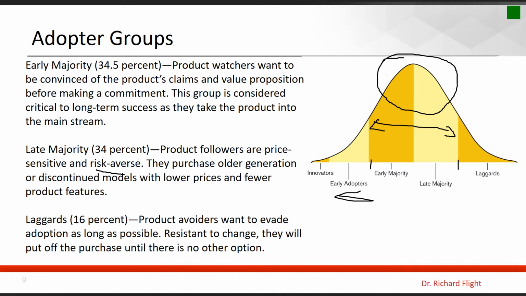And again, anywhere from 13 to 16% of the market is here. So there are a lot of folks still wanting to buy the product, but they're resistant to change. They want something that's tried and true, and they don't want a lot of risk associated with the products that they already have and have available to them.